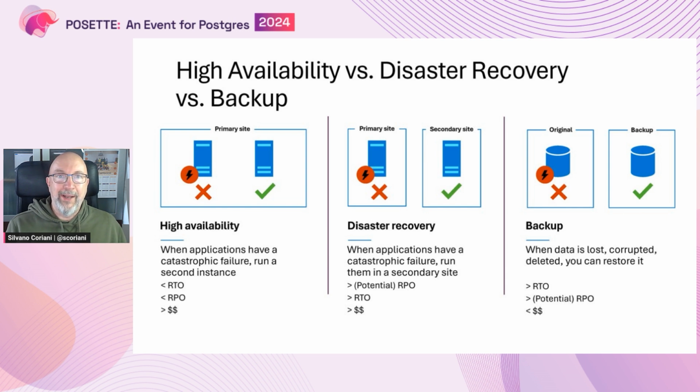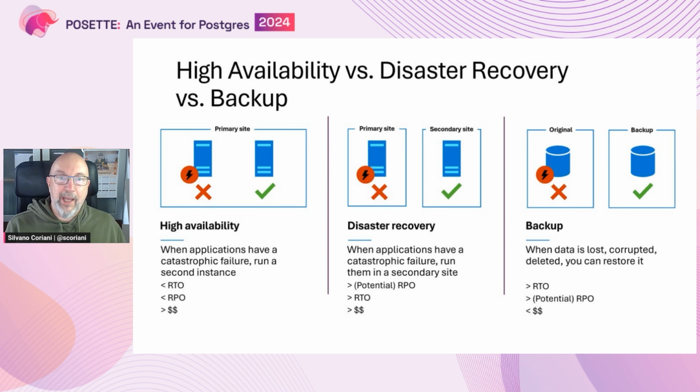Disaster recovery enters when we want to protect from losing an entire site, right? That can be highly available, but if we lose both copies, again, we cannot process any data anymore. So with disaster recovery, we generally have a secondary site with, again, a copy of our system, which is in sync, but generally speaking is asynchronous due to the additional latency involved in transferring data from the primary to the secondary.